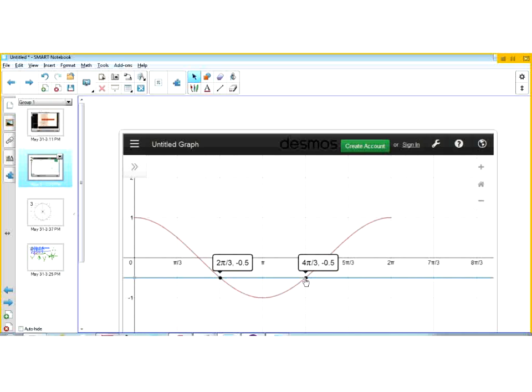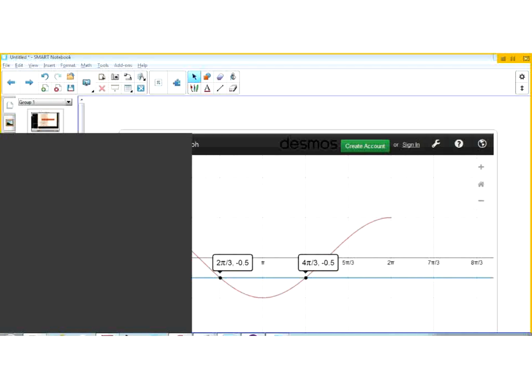So let's capture this screen and copy the image.